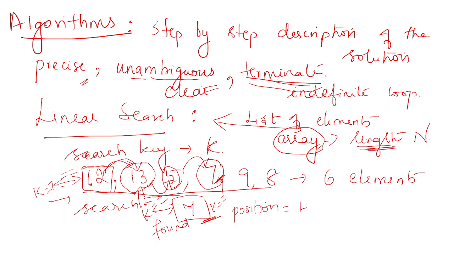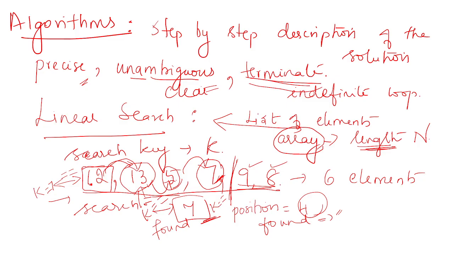So along with saying that we have found the element, we say one more thing: that the element is found at position number 4. And we can stop the search here. We need not compare the other elements. We just break and come out of the loop.